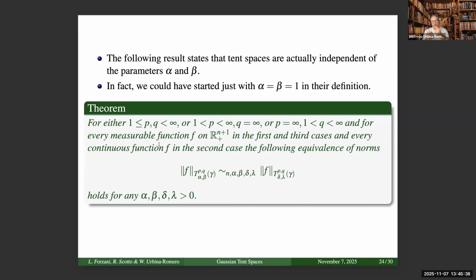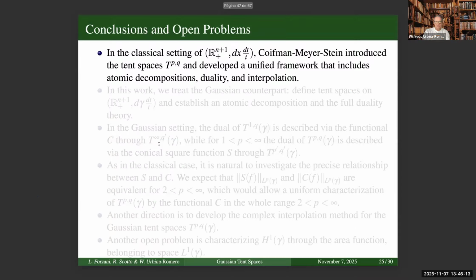But it started with the cones defined by her and Fay when she was a postdoc, and the discussion about atoms has been going on forever between us. Then we finished this paper in July, and we are very happy about this. So there are some other problems.